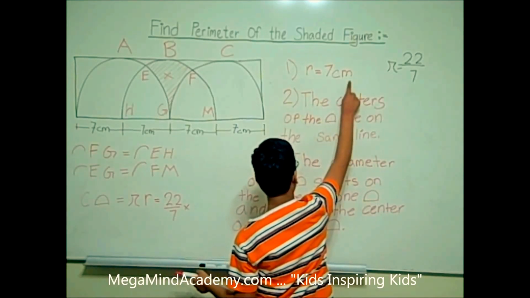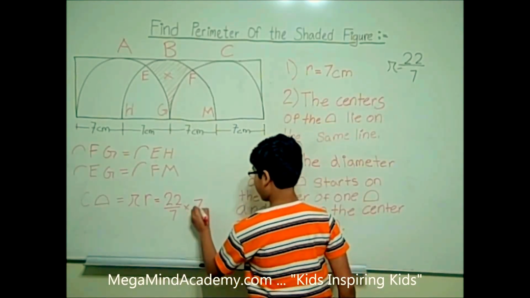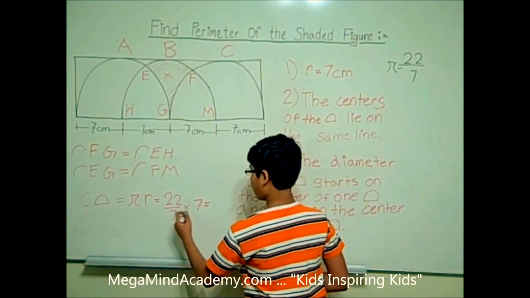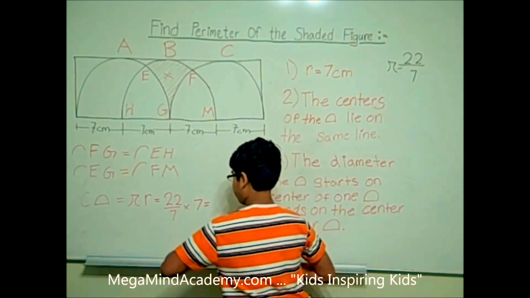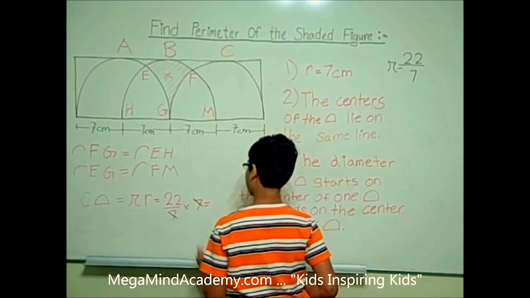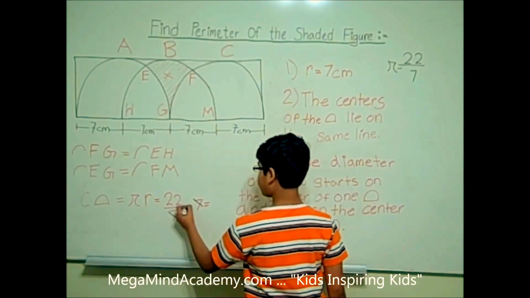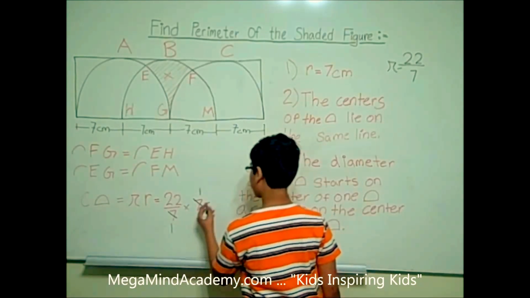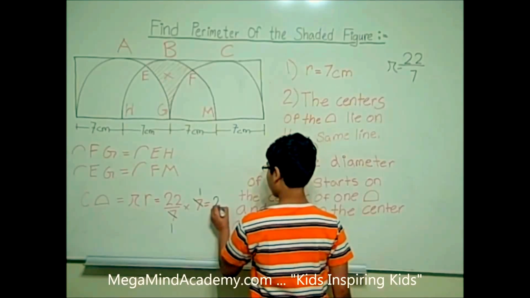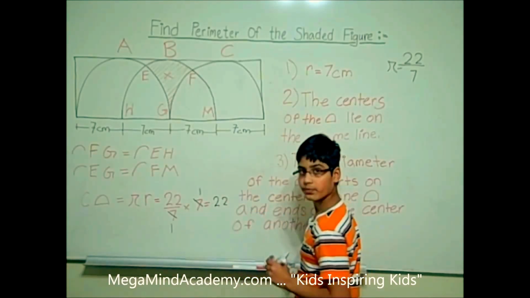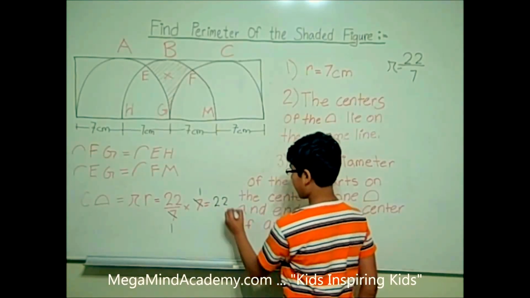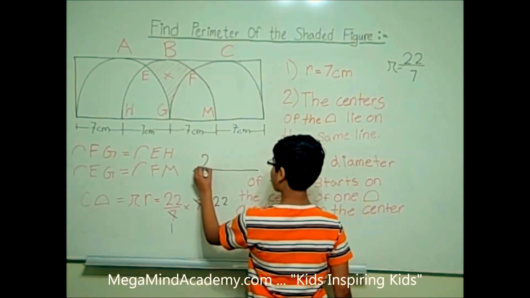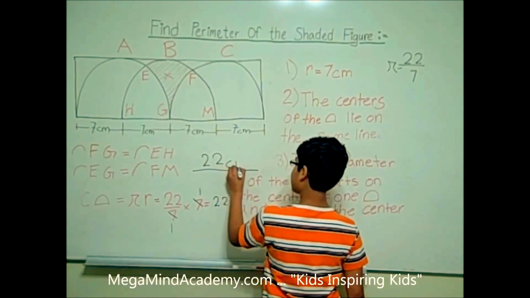The radius is 7 centimeters, so times 7 is equal to, 7 cancels out with 7, and we get 22 times 1, because this would be 1 and this would be 1, is equal to 22 centimeters. So the answer to this problem is 22 centimeters.